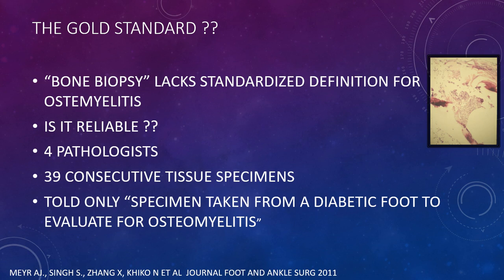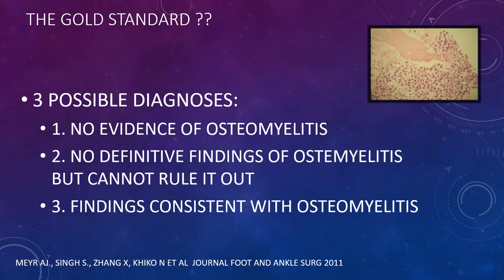So 4 pathologists were given 39 samples of bone. They were blinded to each other's opinions. The pathologists were told only that the bone was taken from a diabetic foot, and they were asked to evaluate the specimens for osteomyelitis. The pathologists in this study were restricted to one of 3 diagnoses.